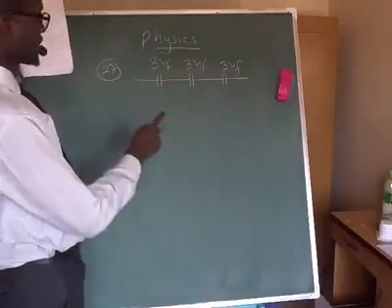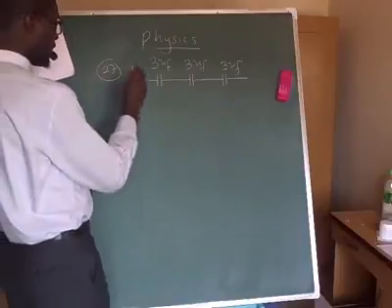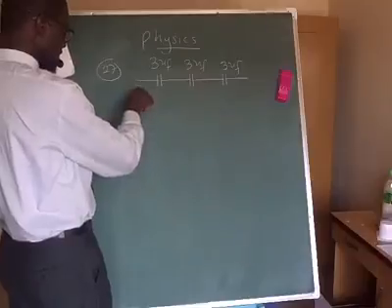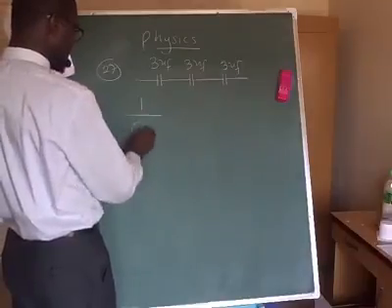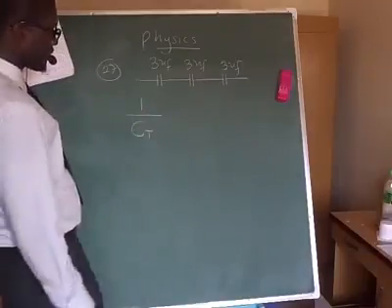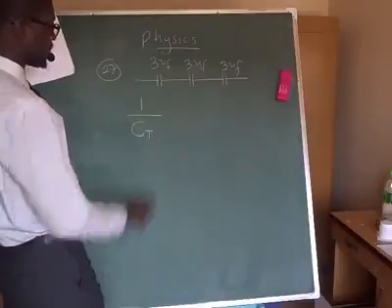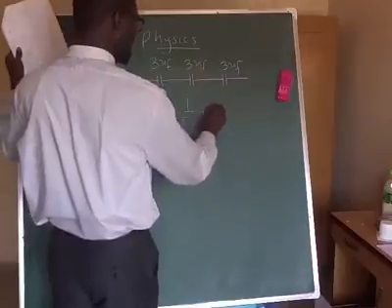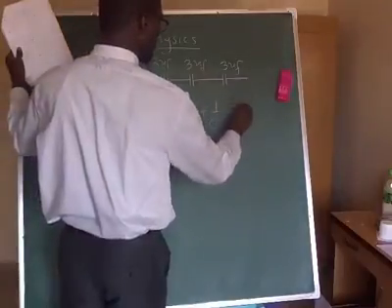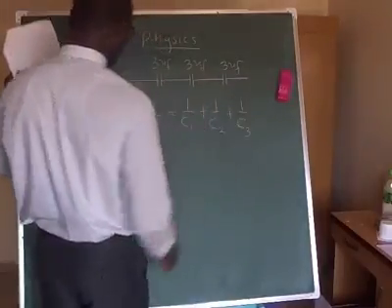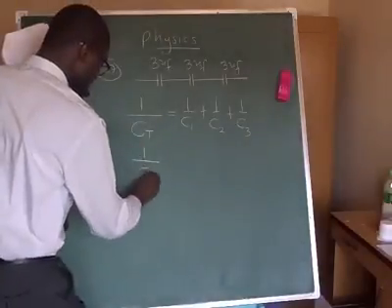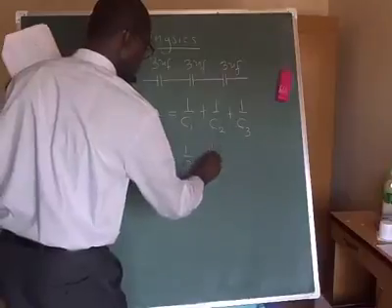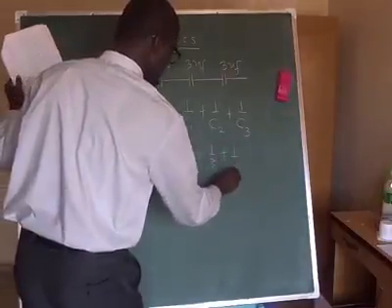Because they are arranged in series, unlike resistors, capacitance in series is given by this formula. To calculate the total or equivalent capacitance, 1 over total capacitance equals 1 over C1 plus 1 over C2 plus 1 over C3. So 1 over C total is equal to 1 over 3 plus 1 over 3 plus 1 over 3.